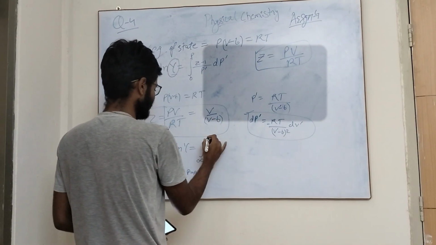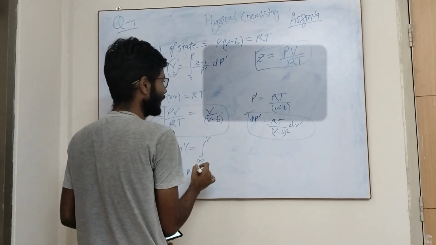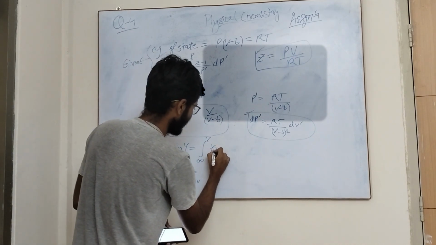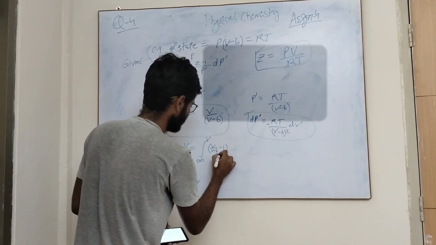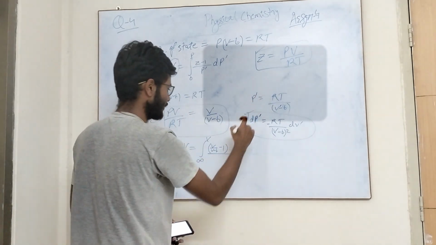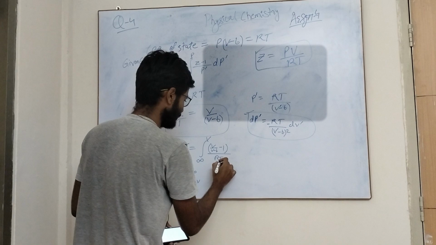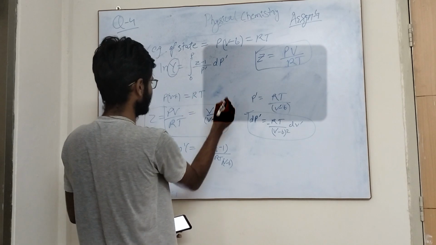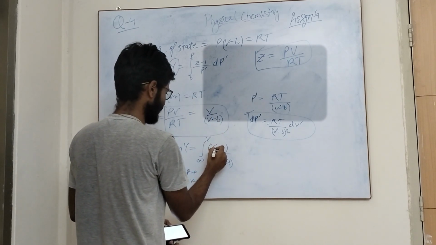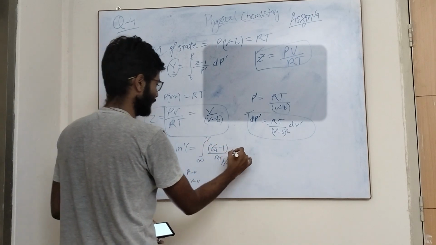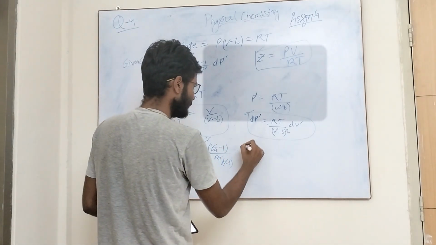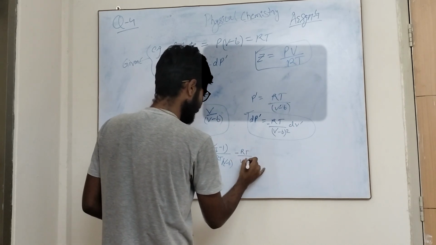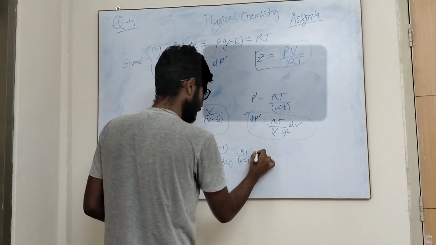Now putting the proper limits, Z minus 1. So what is Z minus 1? Z is this guy, so (V dash minus B) by RT by (V dash minus B) minus 1, because we have to take intermediate Z. Then dP is minus RT by (V dash minus B) square dV dash.